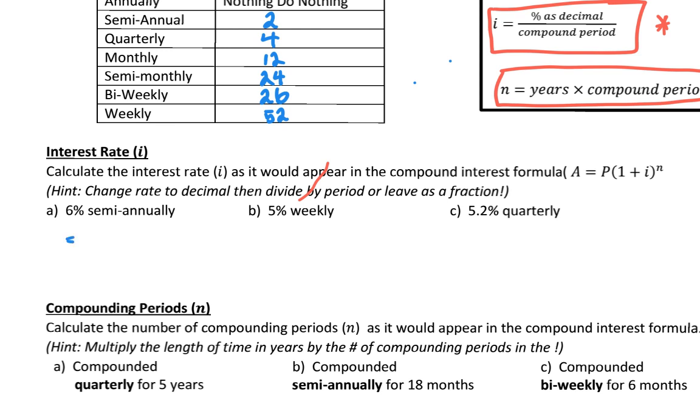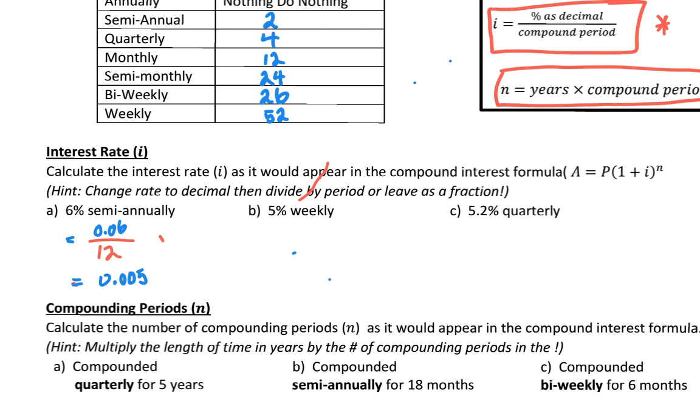Well, 0.06 is the percentage as a decimal, and then we divide by 12. Computing our number, we're going to get something like 0.005.